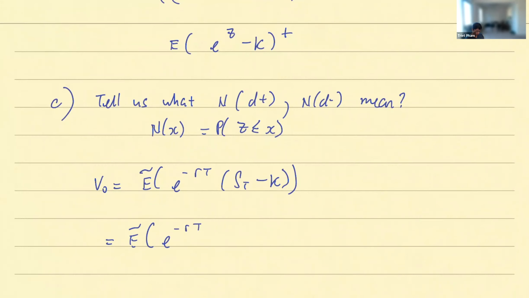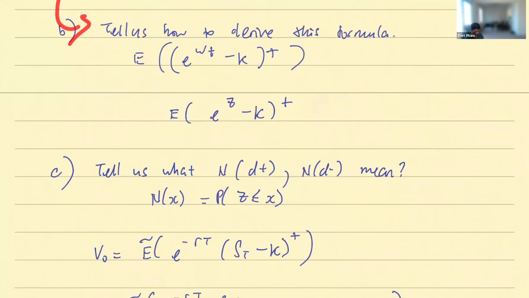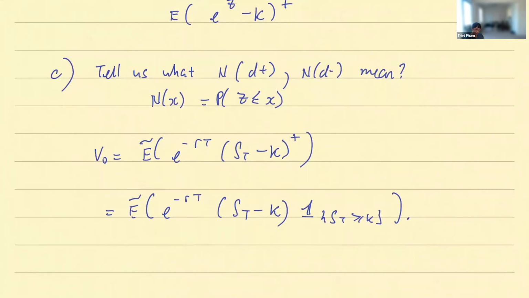Oh, sorry, it's a plus. And the structure is this: you convert the plus into an indicator function, which you would have done going from step A to step B anyway, implicitly or explicitly. But you do not write down the calculation, as I said, you just split this.